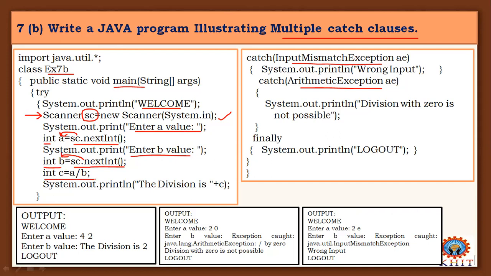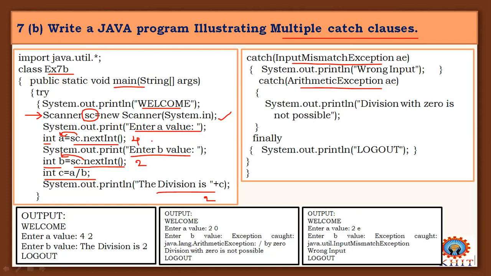And here I have an expression c equal to a by b. So again division. But here two types of exceptions may be generated. What are they? First, suppose I am entering a value as 4 and b value as 2. Then the division is 2. There is no exception generated at all, right?